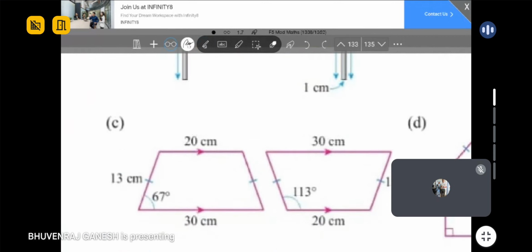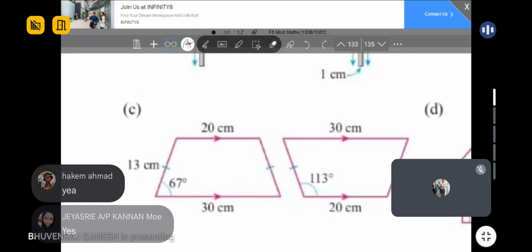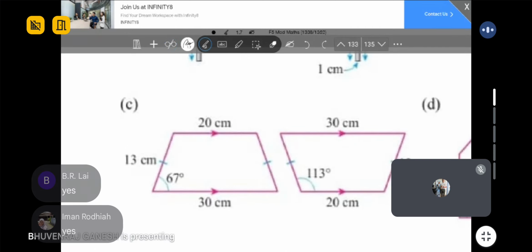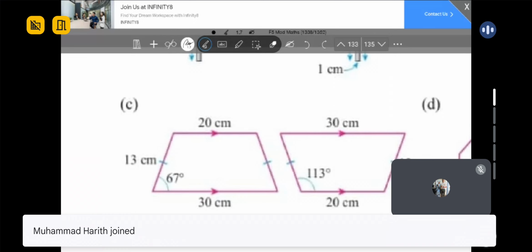Alright. So question C. Congruent ke tak? Yang ni. Okay, very good. So I think the reason is the same lah. Okay, so guys, one extra question I ask you here. What is the transformation happening here? Can anyone see?